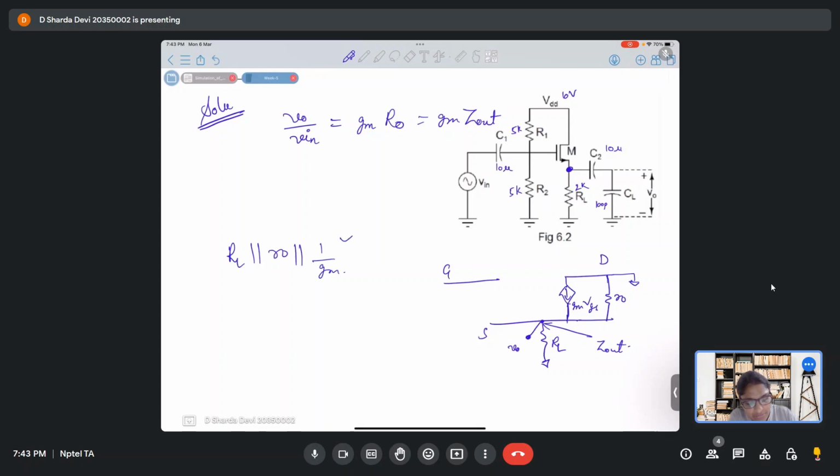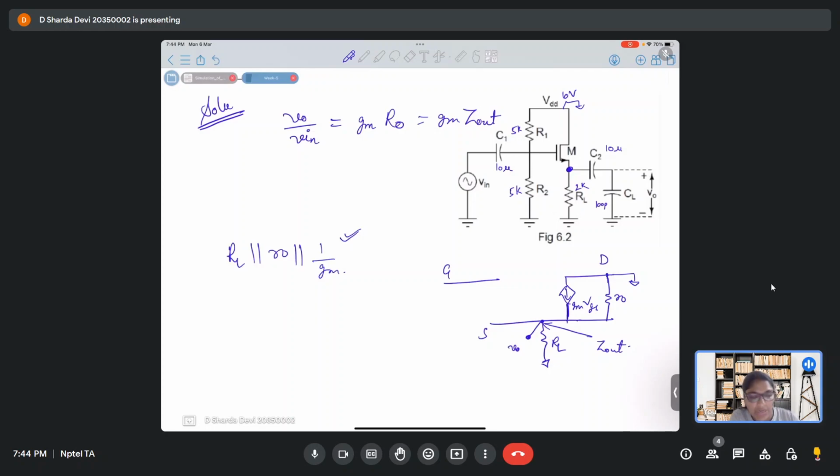Is it clear from the picture? See, when we are going for AC analysis, this will become ground. The moment it is ground, your R naught terminal will be grounded. The GM branch will be there, and this RL, and here it is the ground.